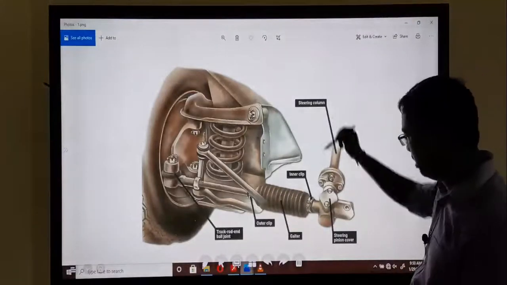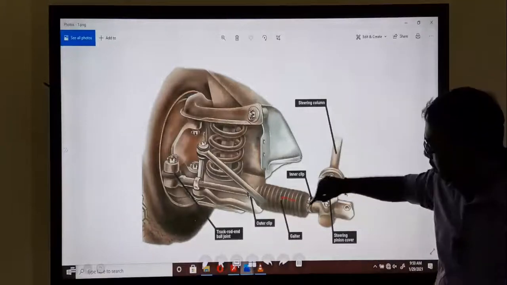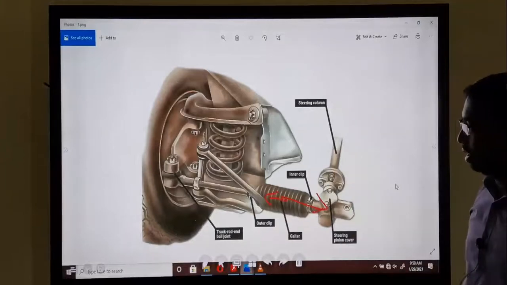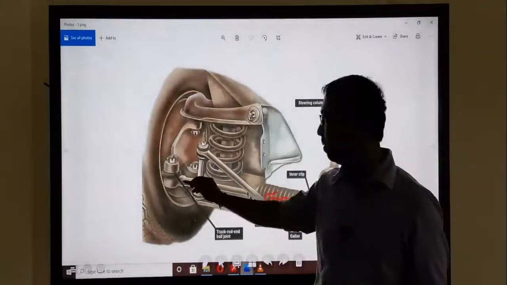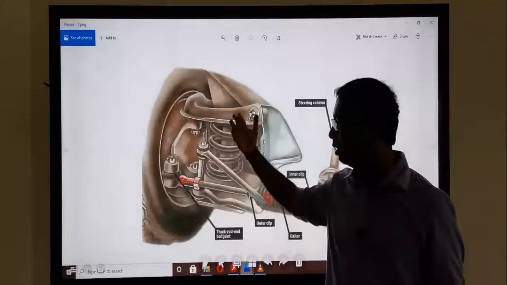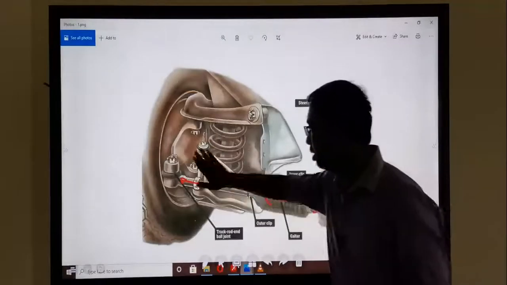Because of the steering, this rack moves this way or that way. According to that, force is applied at the ball joint, and so the steering can turn.